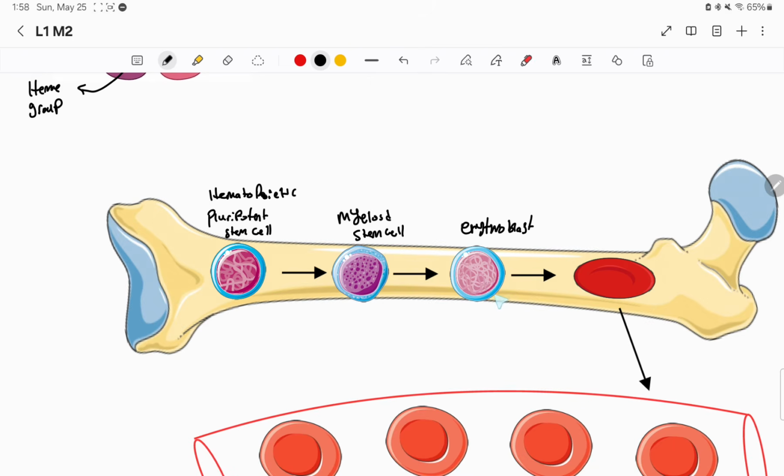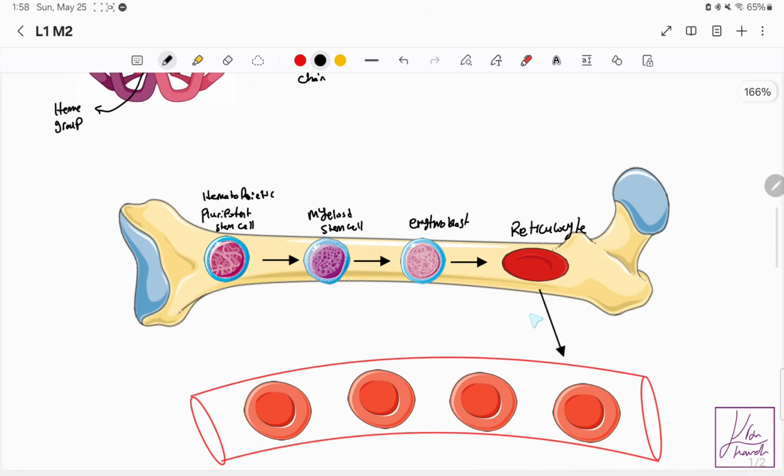Past this point, okay, we form this more mature version of this erythroblast, which is called a reticulocyte. Notice that this guy does not have a nucleus, so that means somewhere from here to here, this guy must have ejected his nucleus, okay, and it must have destroyed all of its remaining organelles, right?